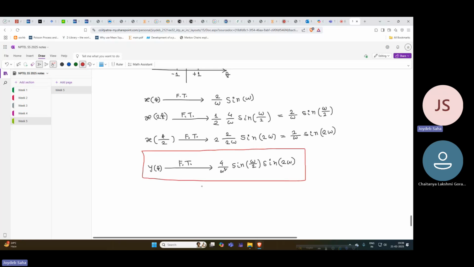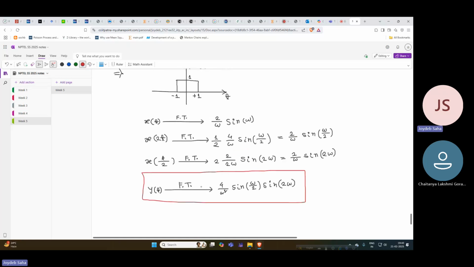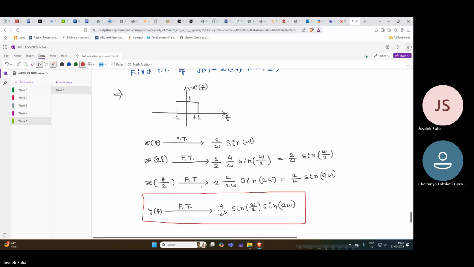So please try to understand what we have done. Then we proceed to the next question. The next question is very interesting. Take 2-3 minutes, and if there is any query, please ask.